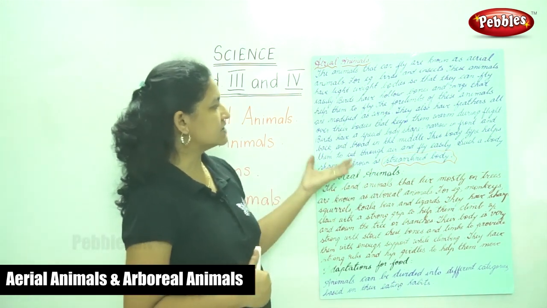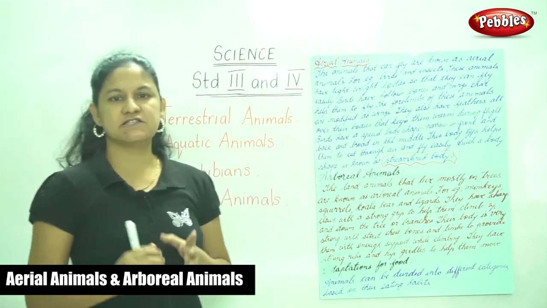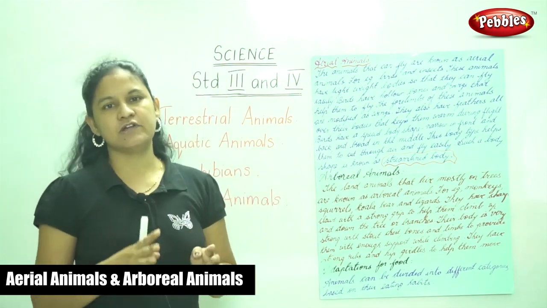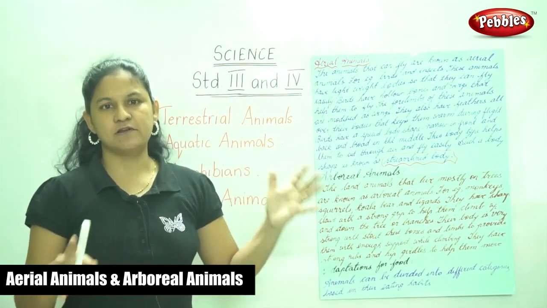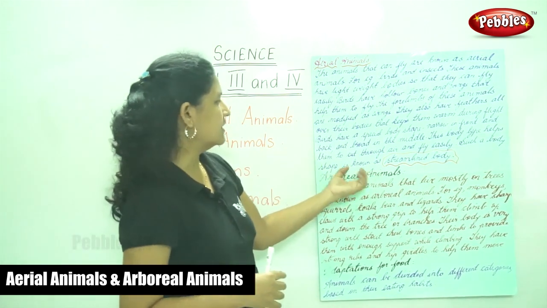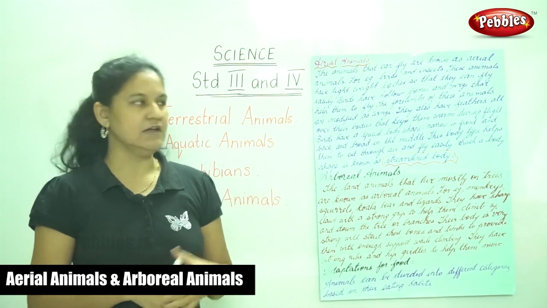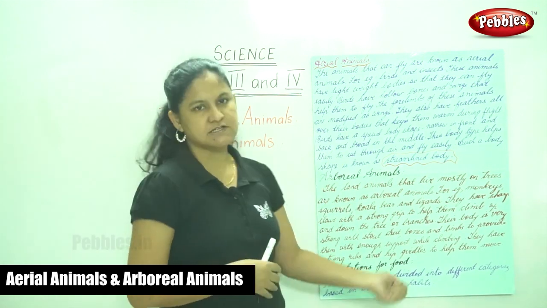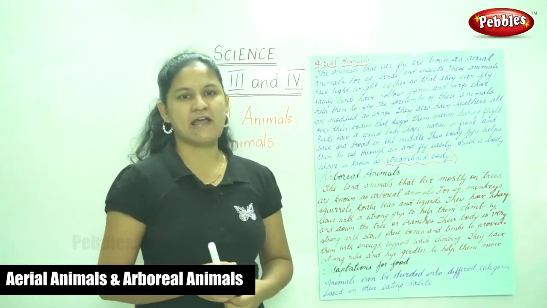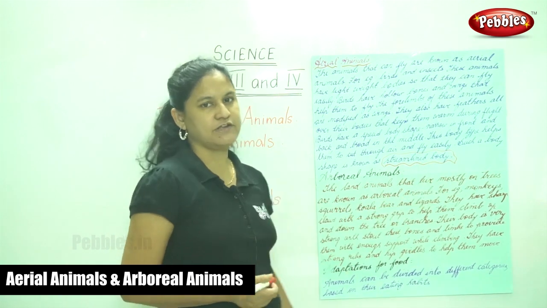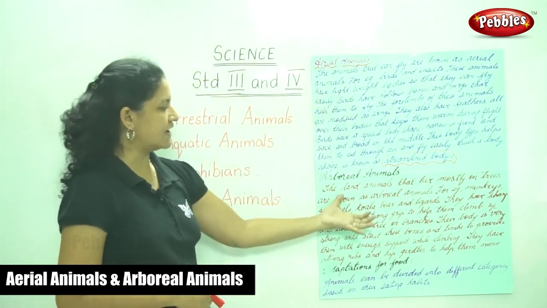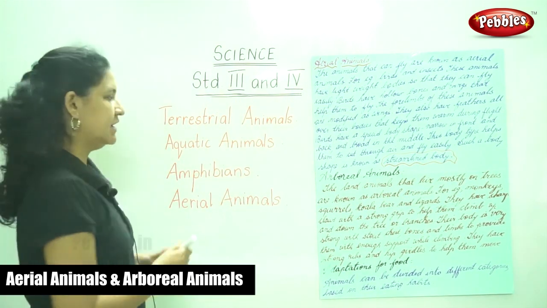They have a special type of body, narrow in front and at the back and broad in the middle. This body type helps it to cut through the air during flight, and such a type of body is known as streamlined body. The next group of animals are your arboreal animals.